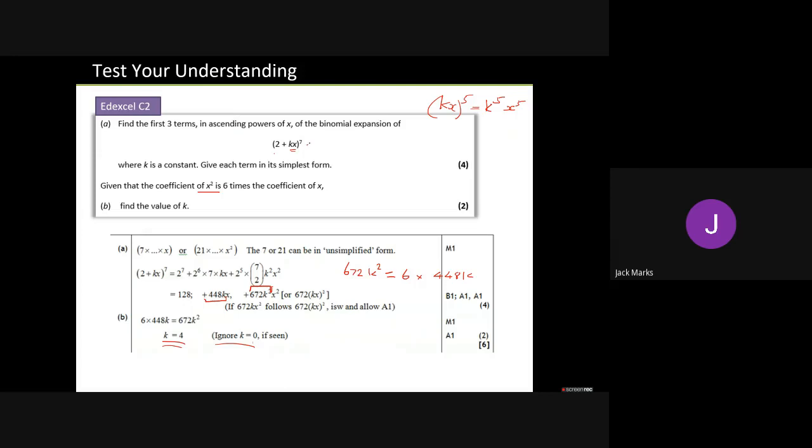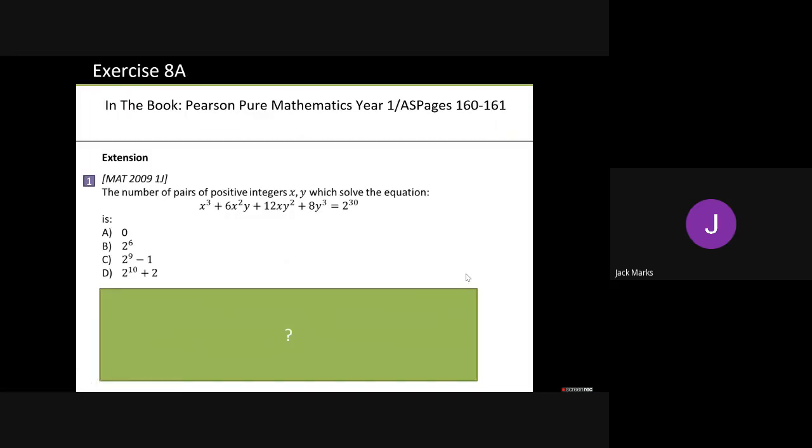It just becomes 2 to the power of 7. So k equals 4 is the number that we're looking for. This is very, very common to do. This coefficient of something, I would recommend do it very methodically like I've done it here. The coefficient of x squared is 6 times, okay, if you do it this way, you're going to get the answer. Okay, and time for you to practice a little bit.